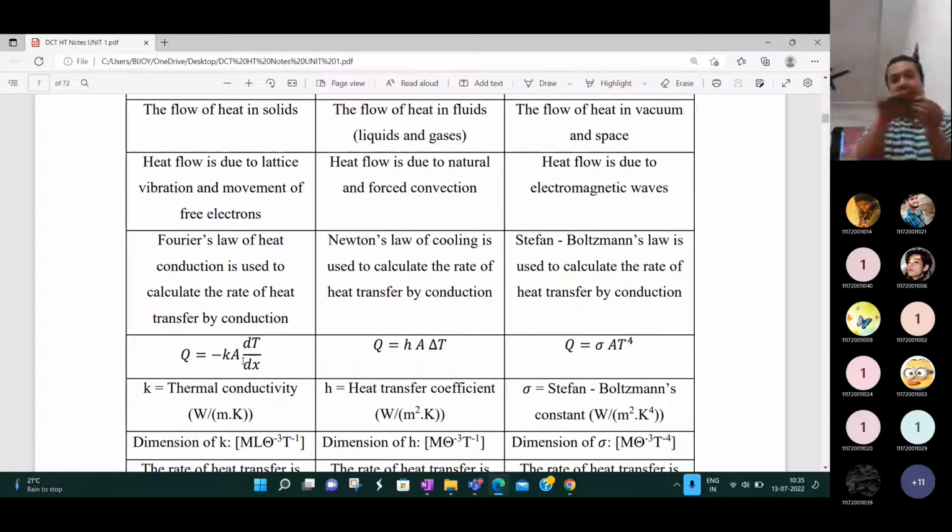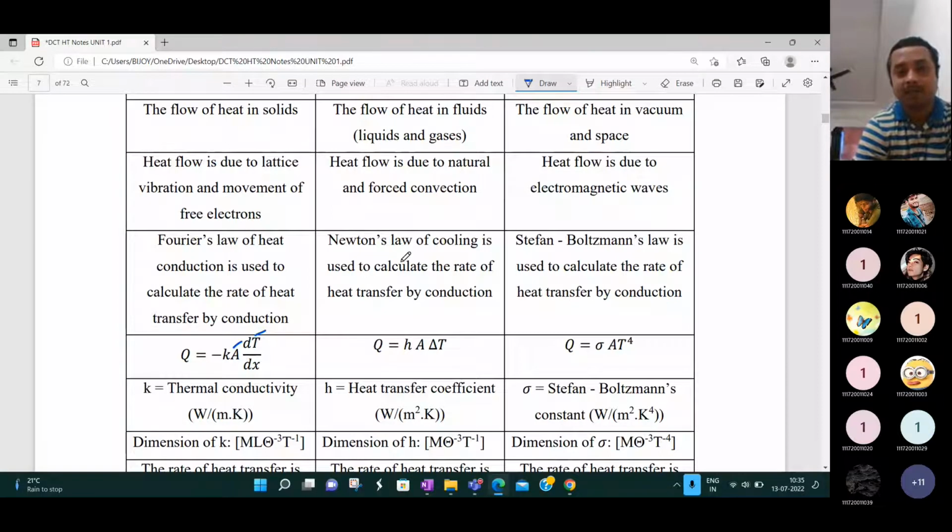If the heat flow is in this direction, then this area will be our heat transfer area.